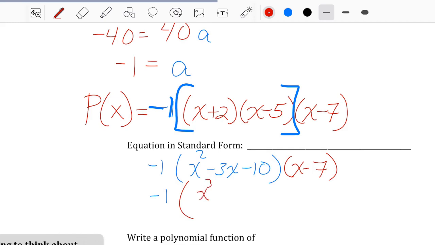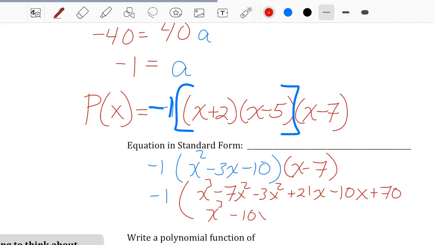We get x cubed, minus 7x squared, minus 3x squared, 21x, minus 10x, and plus 70. So it's going to be x cubed minus 10x squared plus 11x plus 70. Now I went ahead and just kind of simplified that, but there's still a negative 1 in front.